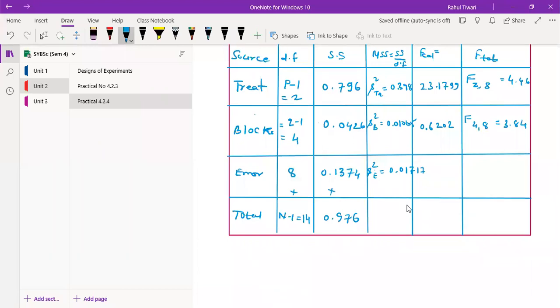I hope everybody is getting this answer. Those who are doing calculations must get this answer only. If you are not getting these answers, then let me know where you are making the mistake.